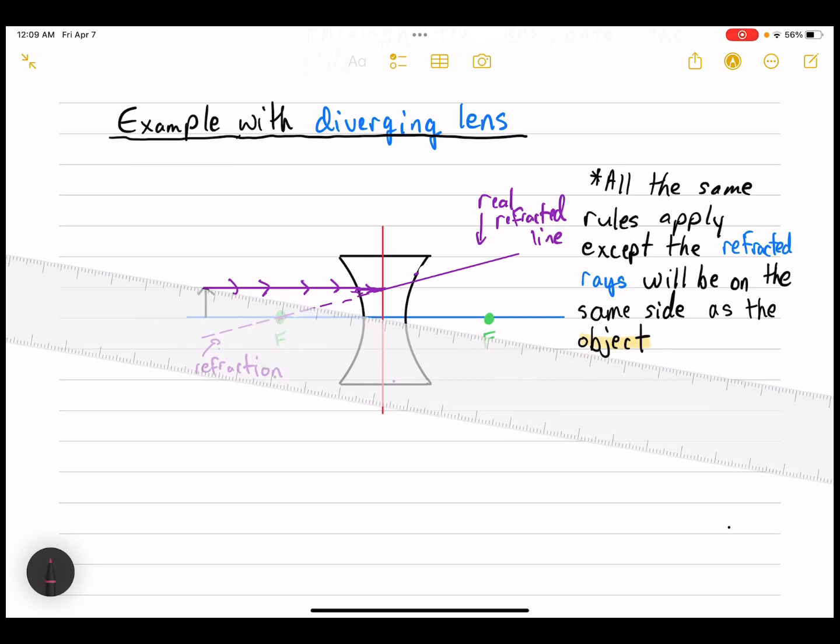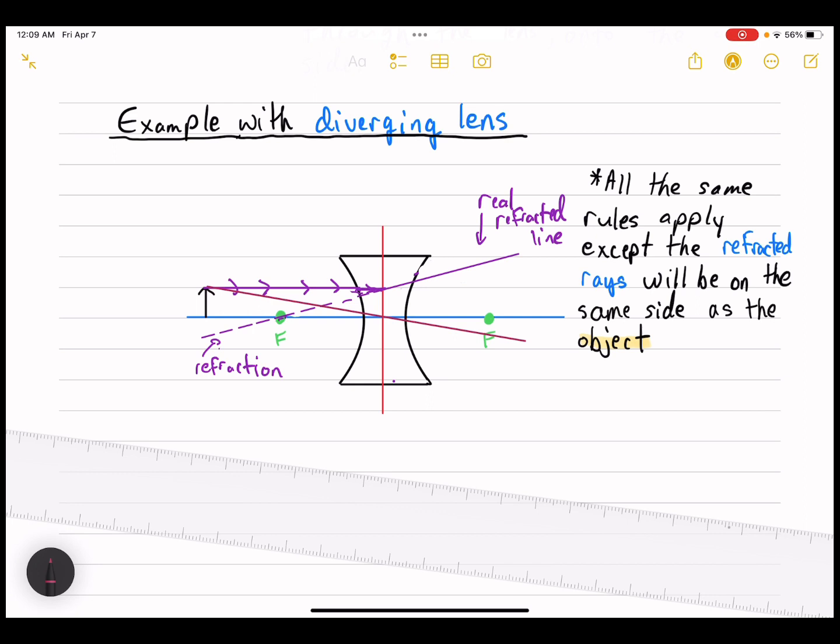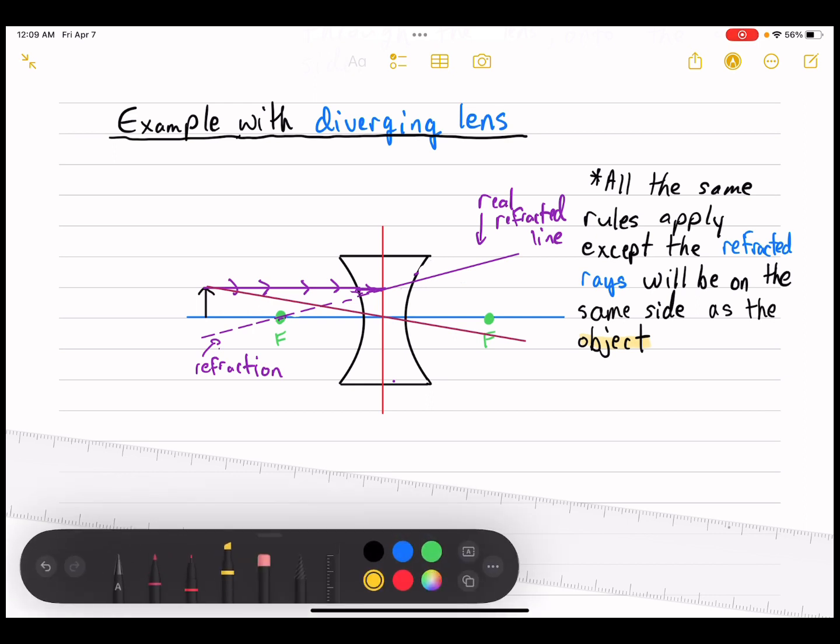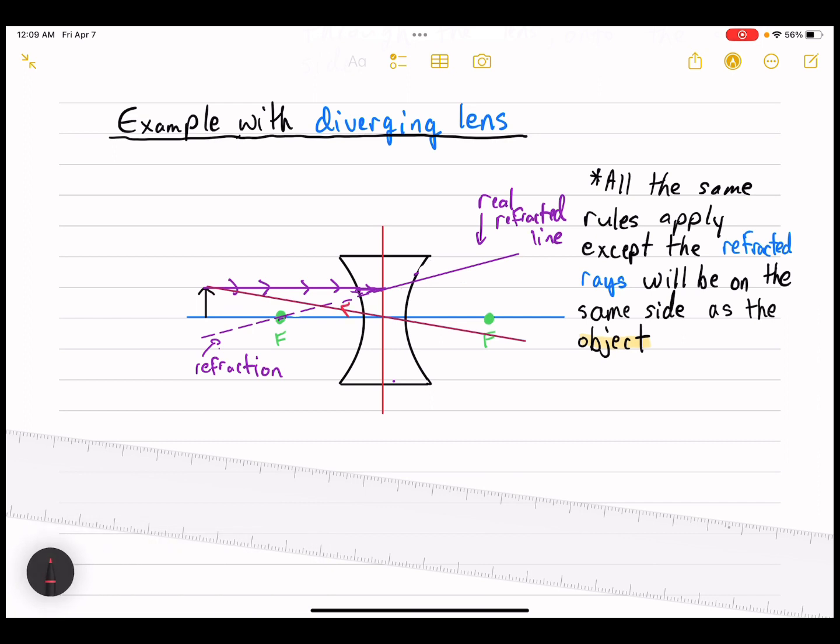Well, according to our previous diagrams, it would just continue back through the center of the lens. And so my refracted ray, if I'm going to draw the arrows in red, is going to go this way. Right, so it goes the way it came, and it doesn't really refract. You wouldn't see light bending, you would just see light going through the object.